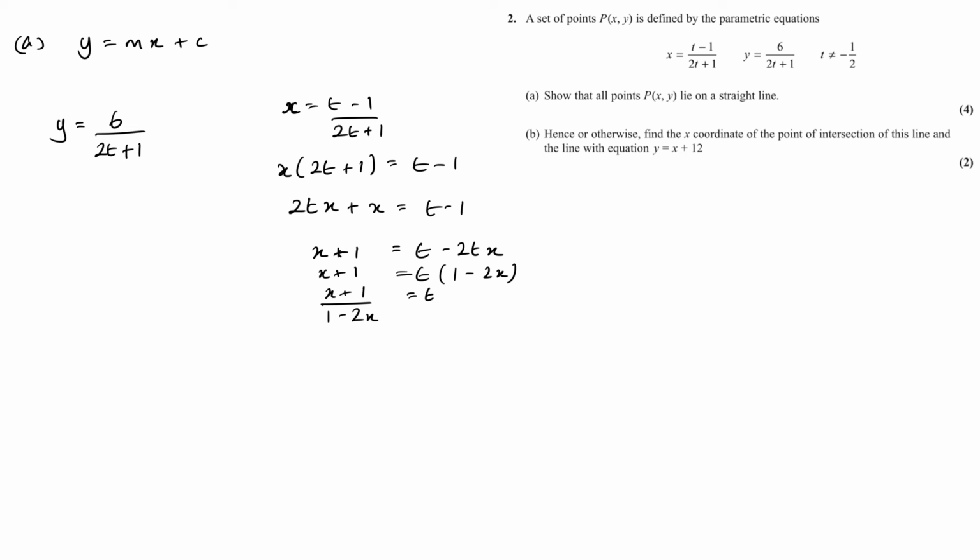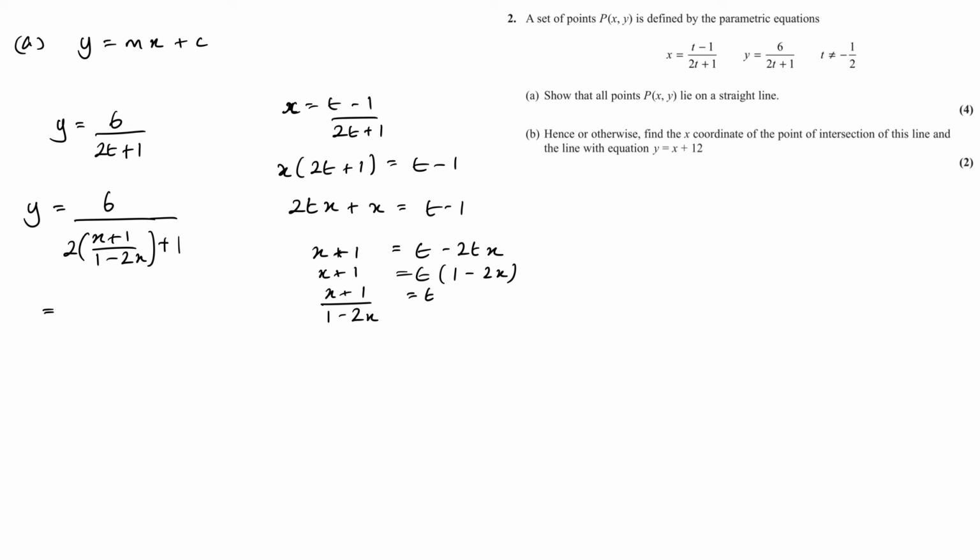So there we have t equals. Now let's substitute that in. So y equals 6 over 2 times, and then this is x plus 1 over 1 minus 2x plus 1. And now I just need to sort this out on the bottom of this fraction.